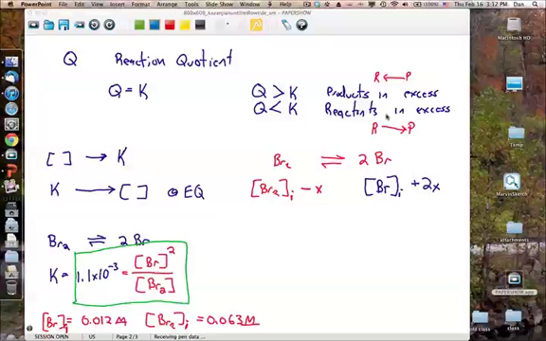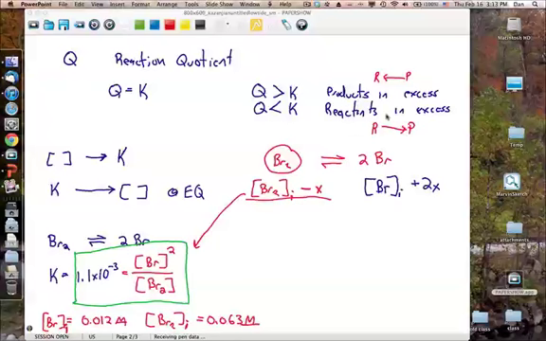And so we can plug these values into our equilibrium constant, because we know that at equilibrium, these values would be represented by these quantities.